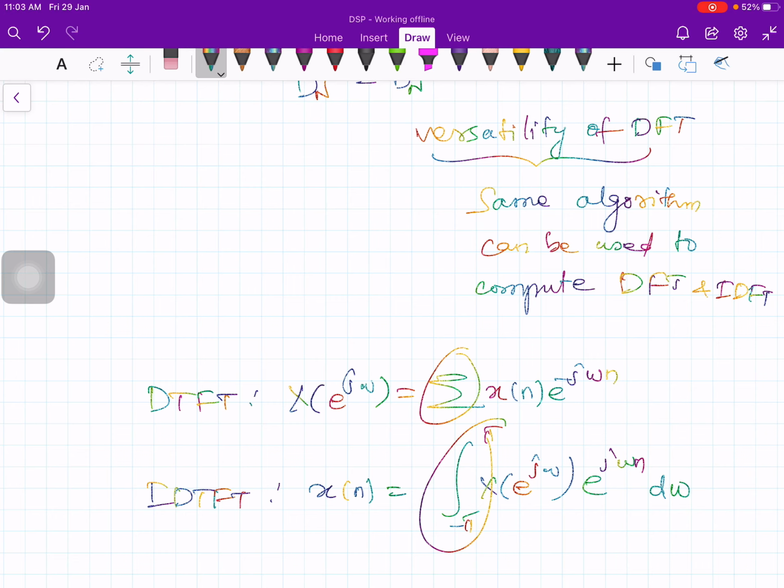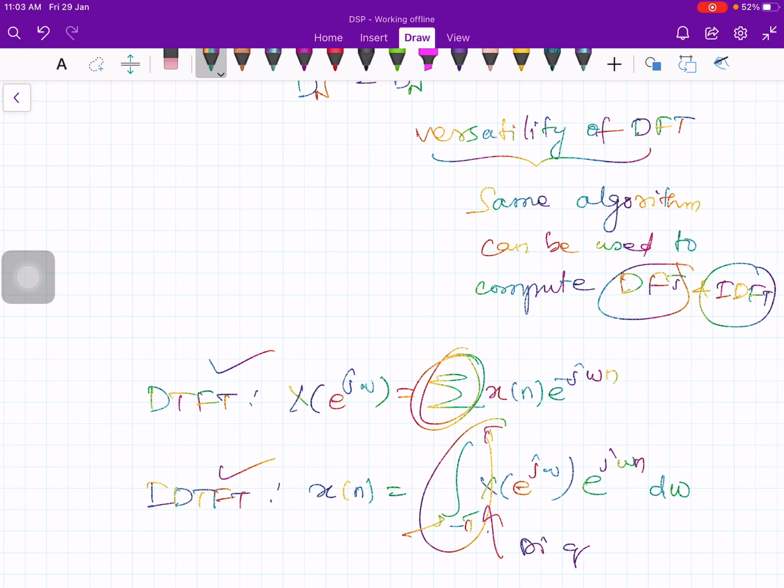So you cannot use the same algorithm for both DTFT and IDTFT. But in DFT and IDFT, you can use the same algorithm. You can use a digital computer to perform continuous integration, but the algorithms are different because here it is integration and there summation. But in DFT and IDFT, the algorithms are the same.